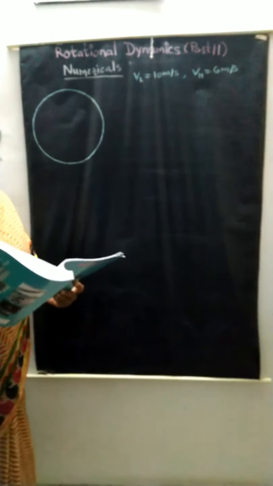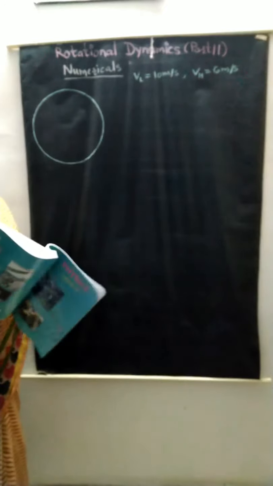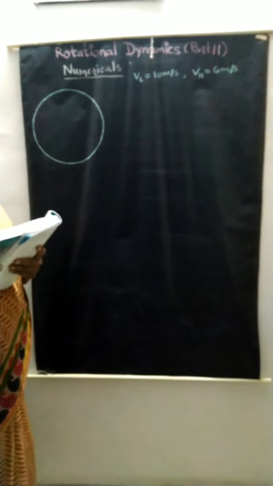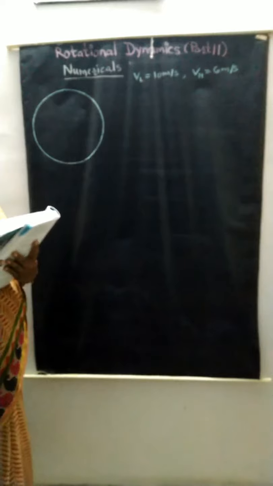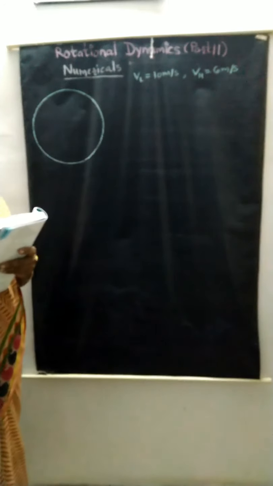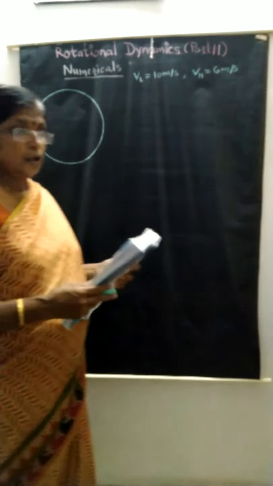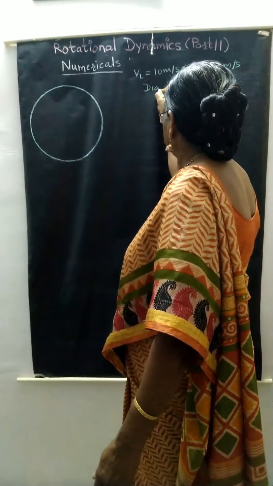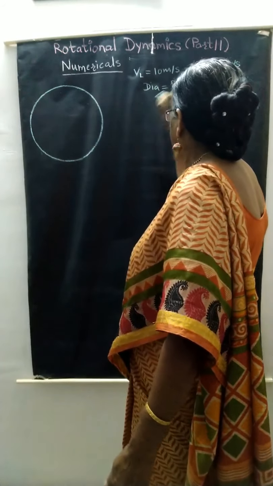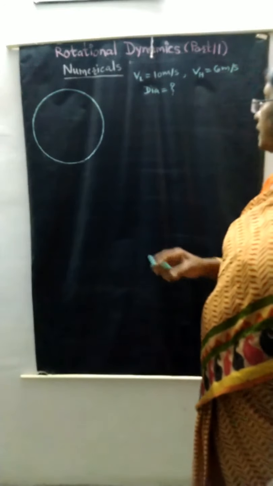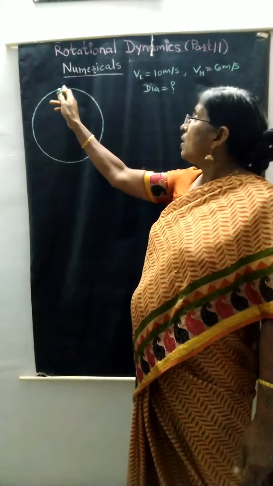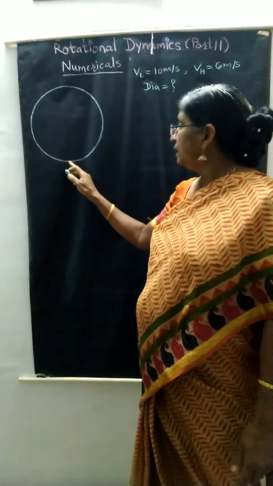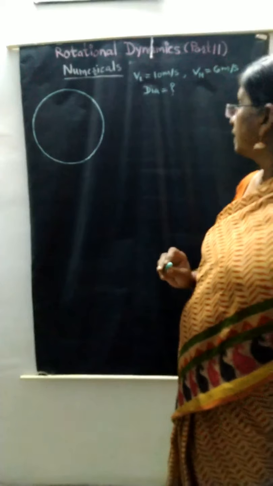And we are asked the minimum values of the possible speeds and the diameter of the sphere. Here we are asked about the diameter of the sphere, and we are asked about the minimum values at the top of the sphere and at the bottom of the sphere.